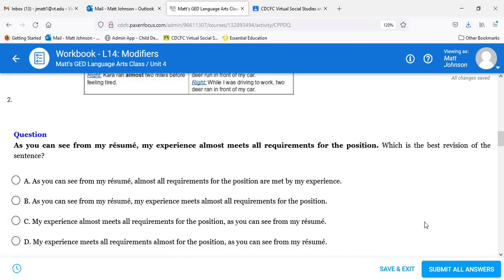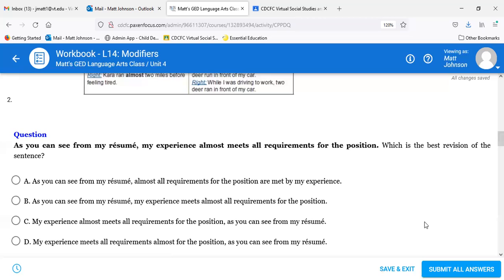B, as you can see from my resume, my experience meets almost all requirements for the position. C, my experience almost meets all requirements for the position, as you can see from my resume. D, my experience meets all requirements almost for the position, as you can see from my resume. C?